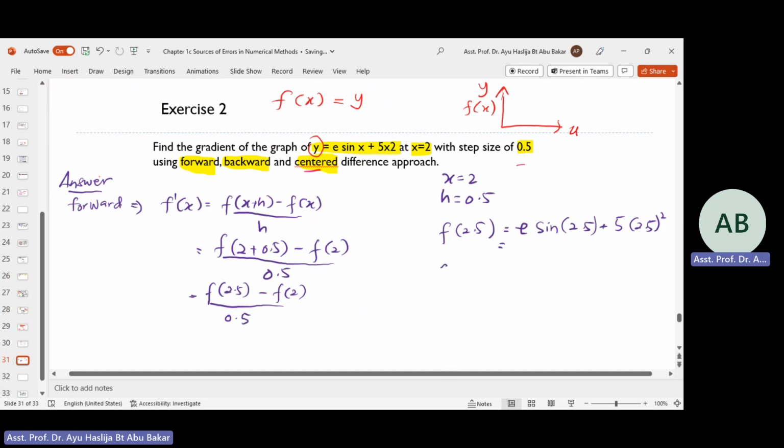Then find f(2). Replace the 2.5 with 2. Then from there, you should get 21.1735.